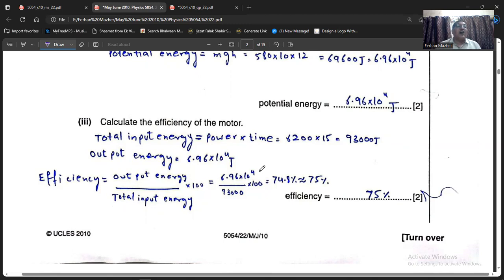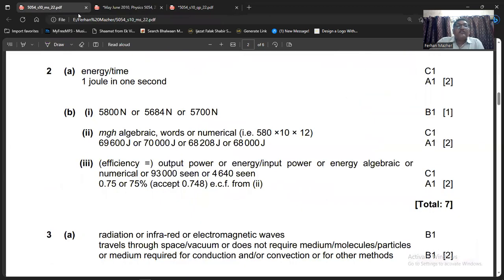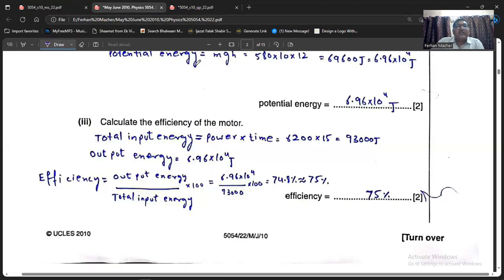The efficiency is the useful output energy divided by the total input energy multiply 100. So it will be 6.96 exponent 4 joule divided by 93,000 joule multiply 100, that is 74.8%, which is approximately 75%. So 75% is the right answer, sir.